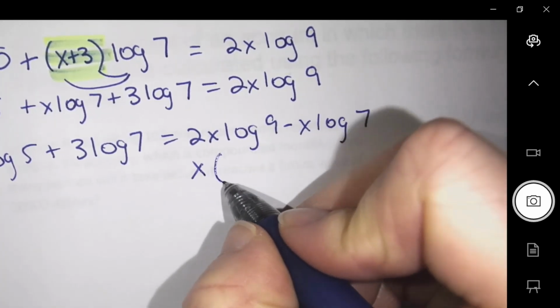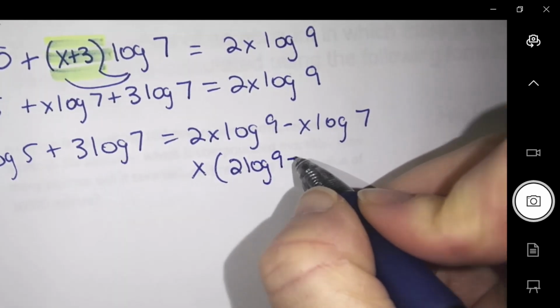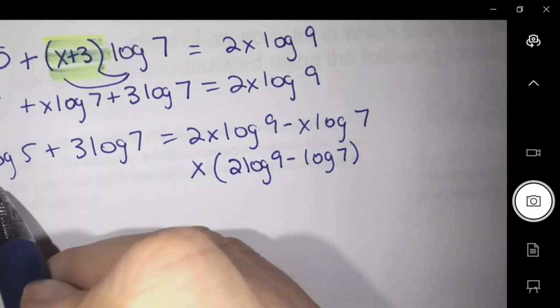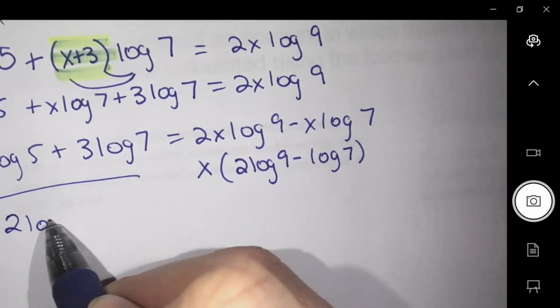You should then GCF an x out. And then to get x alone, you would divide.